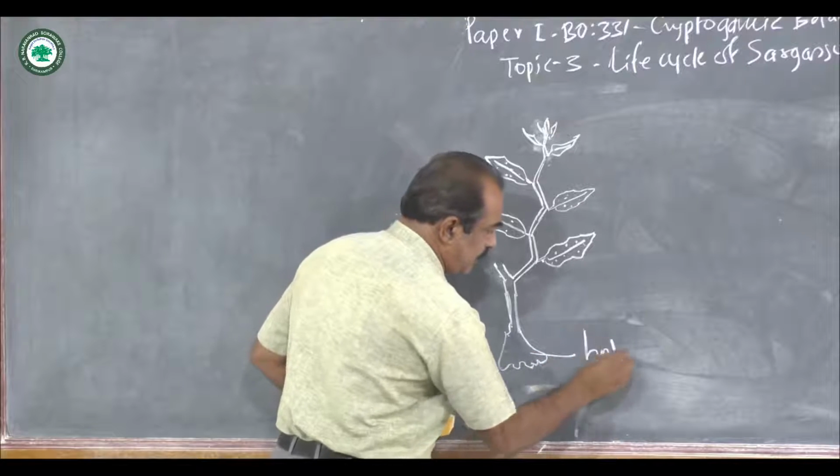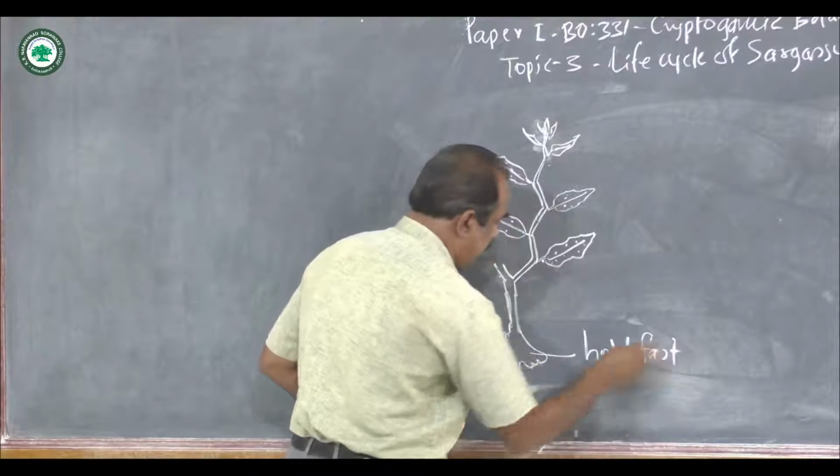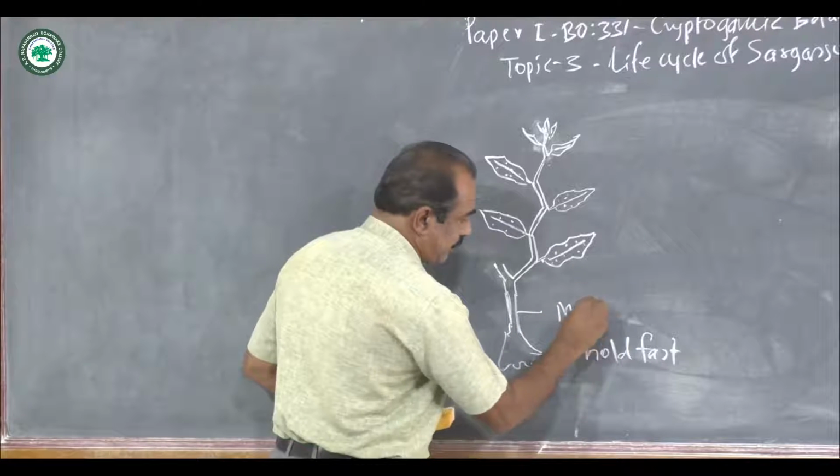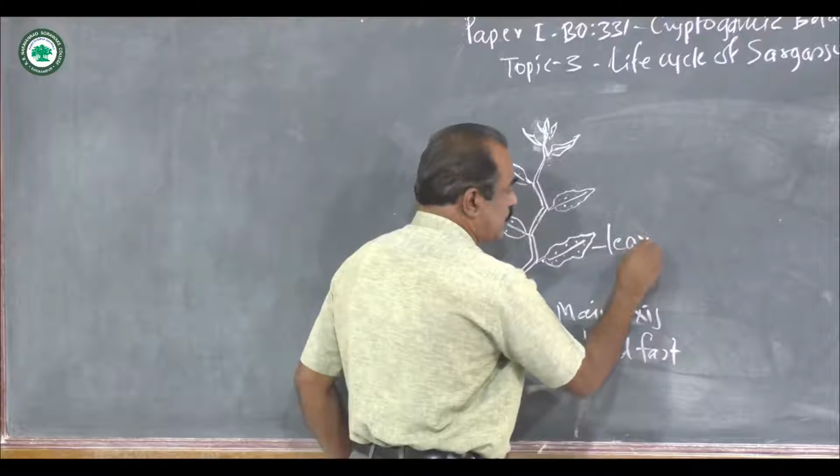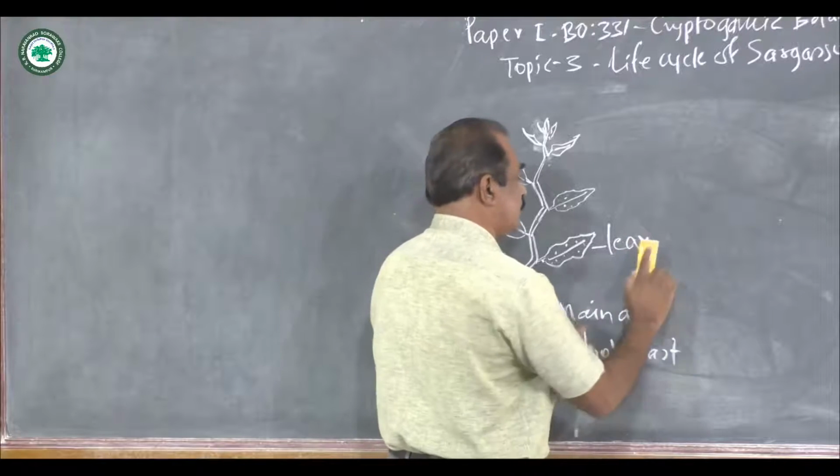So this is the holdfast, this is the main axis, these are the leaves, or it is also called as the frond.